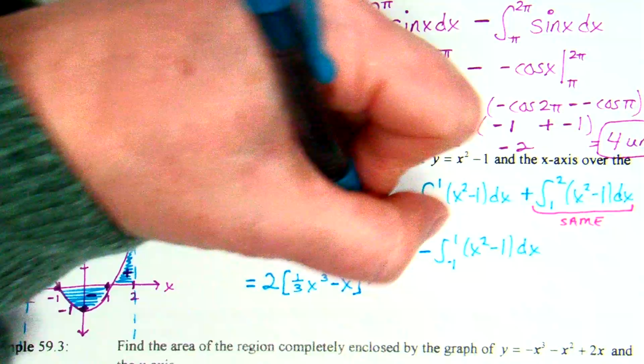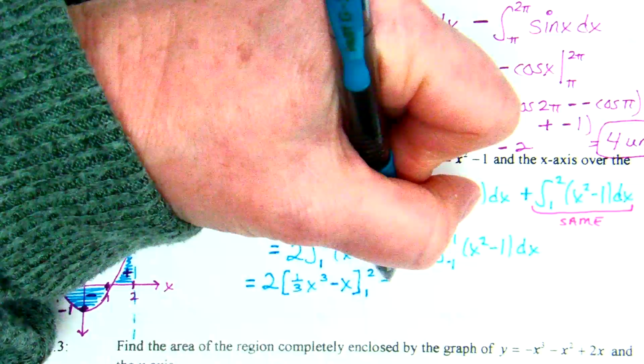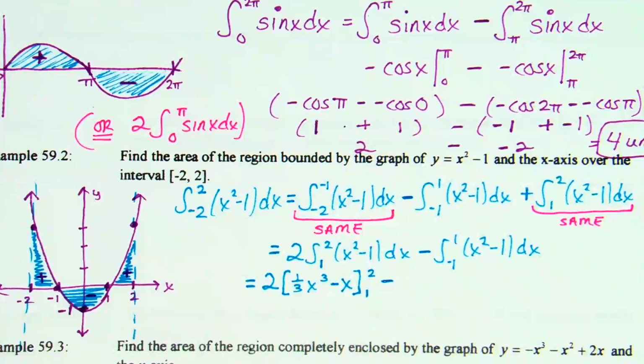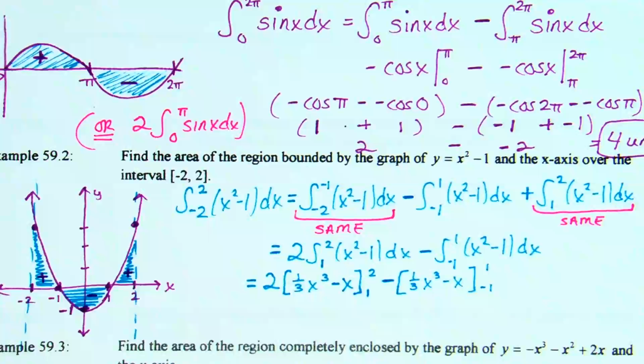Okay, and that's going to be, in the first case, evaluated from 1 to 2. Minus, well, what do you know about the integral of x squared minus 1? It's going to be the same. We don't have to integrate it again. So minus 1/3 x cubed minus x, except this time it'll be from negative 1 to 1.